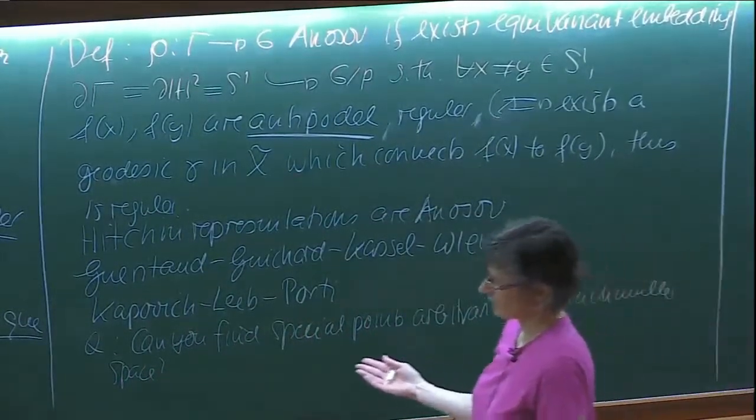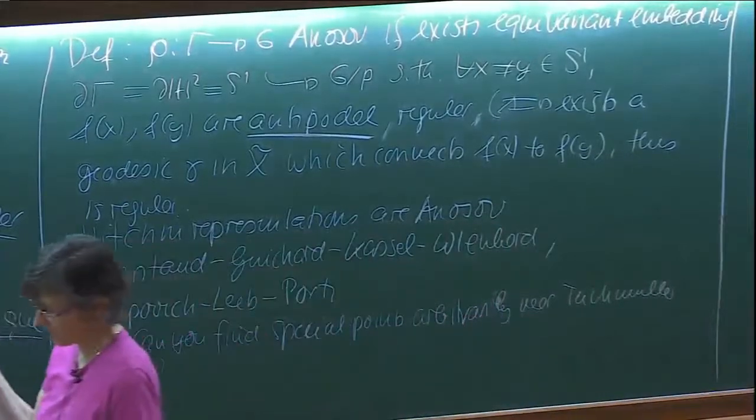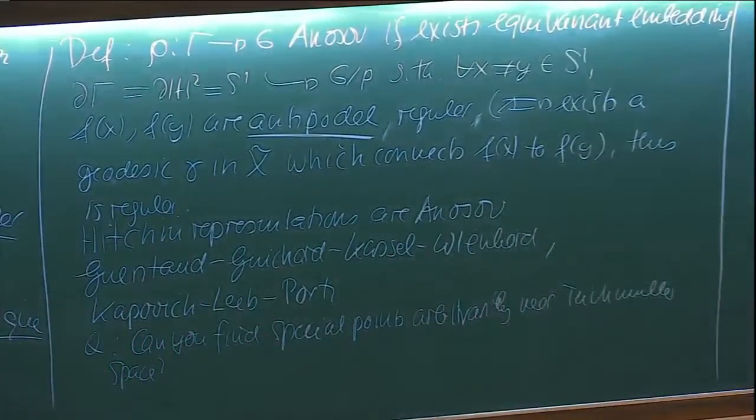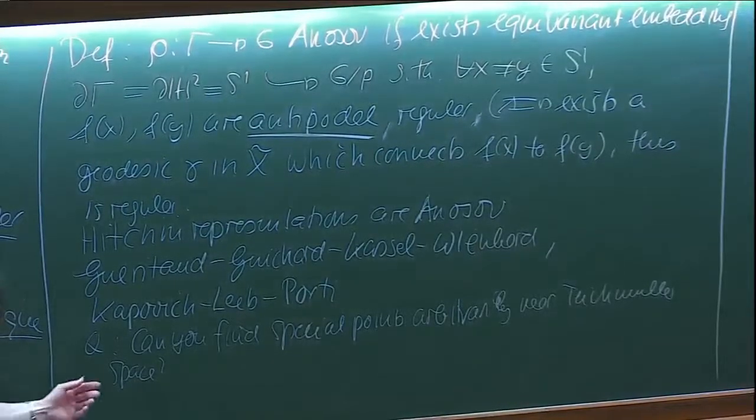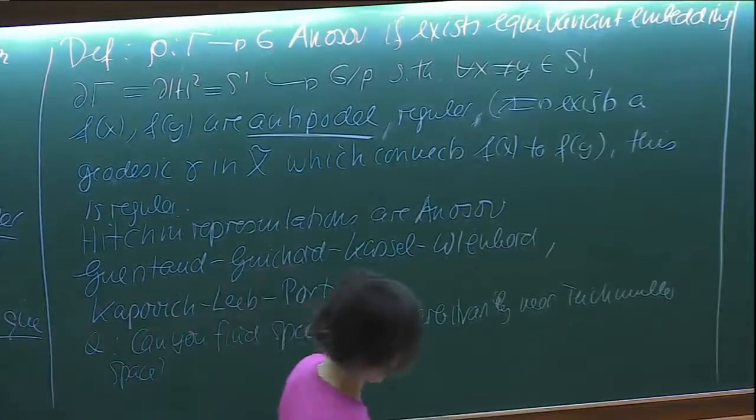And now the question is, is there an arbitrary deformation of Teichmüller space, or a point arbitrarily near Teichmüller space but not on Teichmüller space, which is a special point. I have no idea, but I will spend the rest of the time here to give you some idea how to construct special points that definitely do not lie on Teichmüller space.